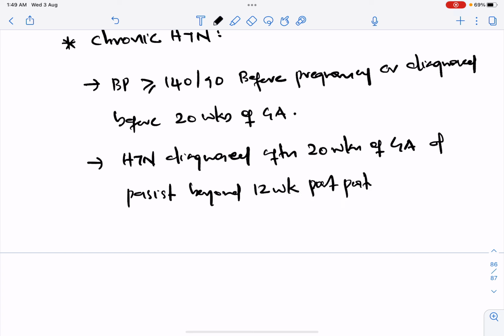Okay, then also it is called chronic hypertension. It is not meeting the criteria for gestational hypertension. Either it is diagnosed before 20 weeks or it persists after 12 weeks of postpartum, then it is called chronic hypertension.